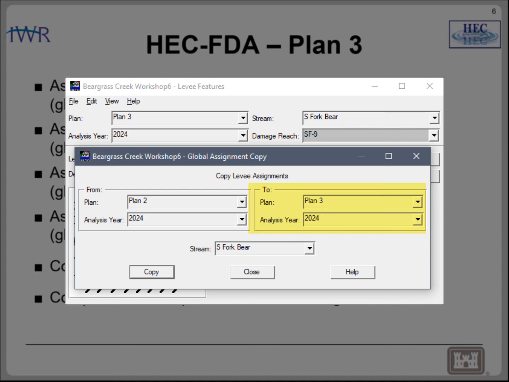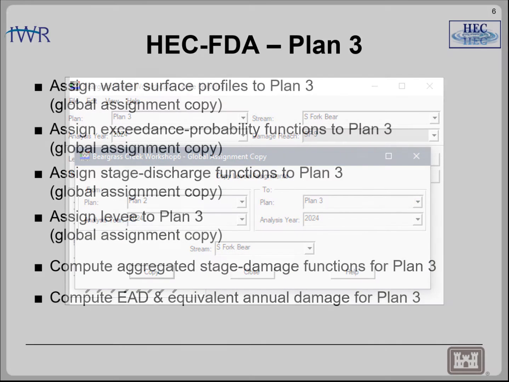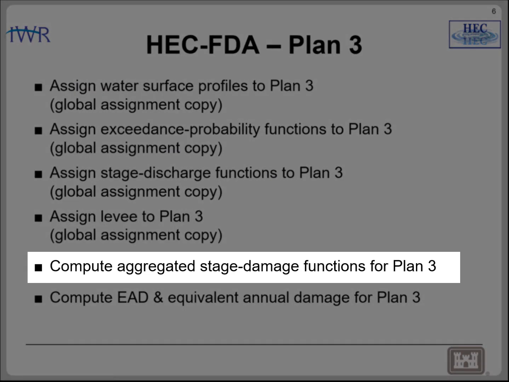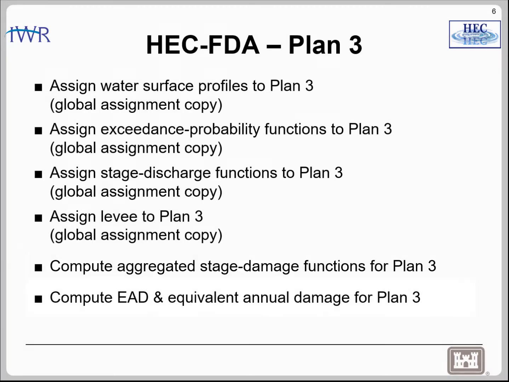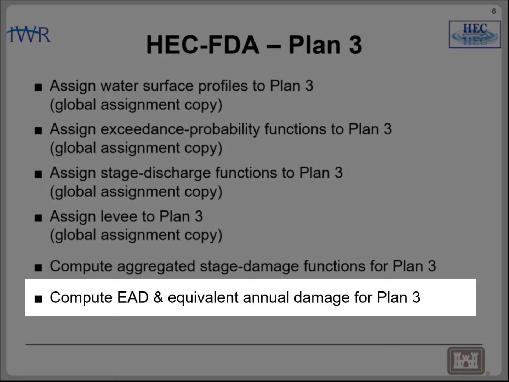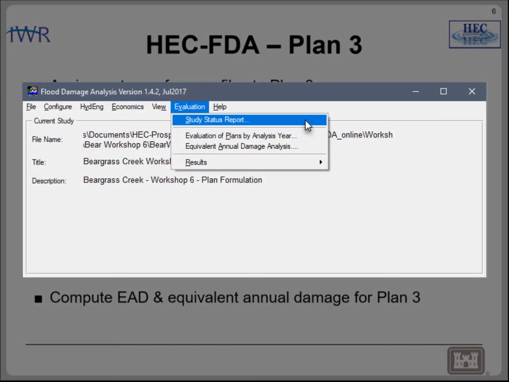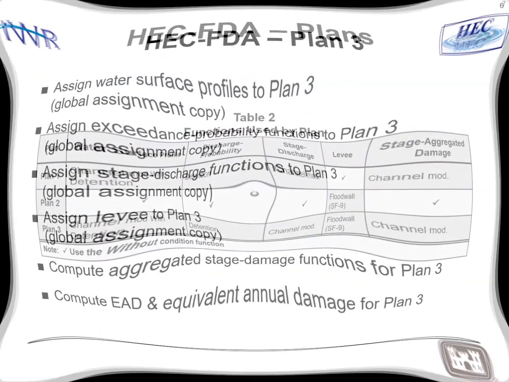You just want to make sure you're not overwriting data. After you use the global assignment copy, you can compute the aggregated stage damage function. Before you compute the EAD and equivalent annual damage, I again encourage you to look at the study status report and make sure your big three relationships have been assigned correctly.